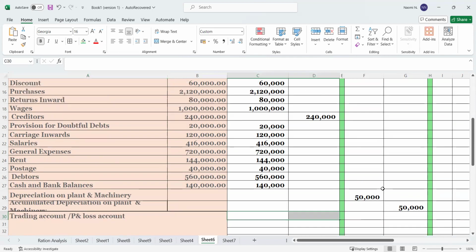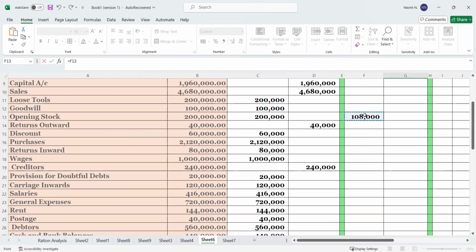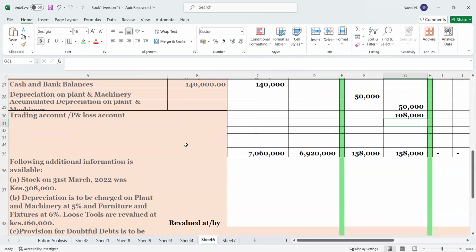So here we go, 108,000, with the same amount. I'll just copy it so it is equal to that amount. So at least our additional information are reconciling.